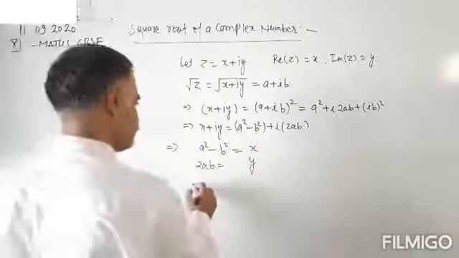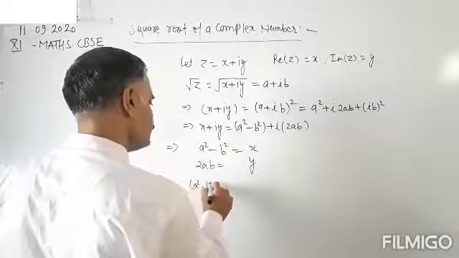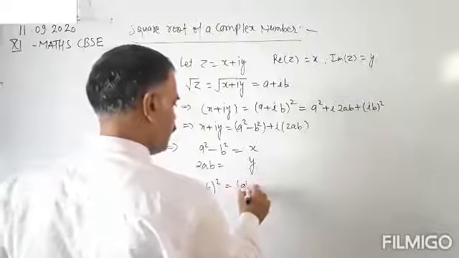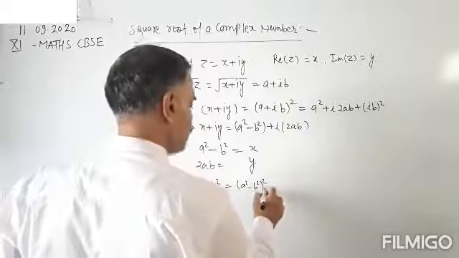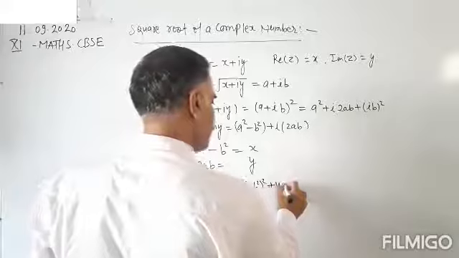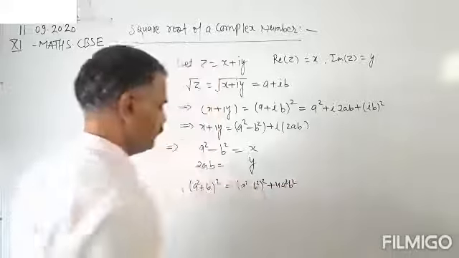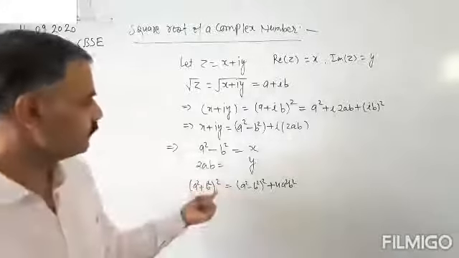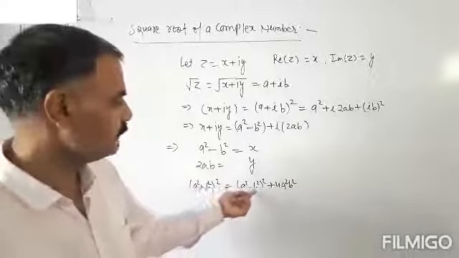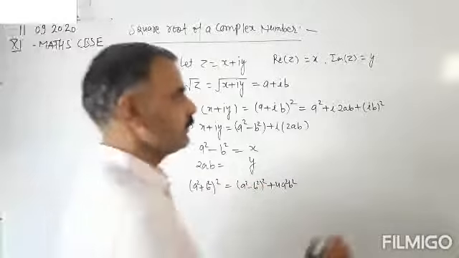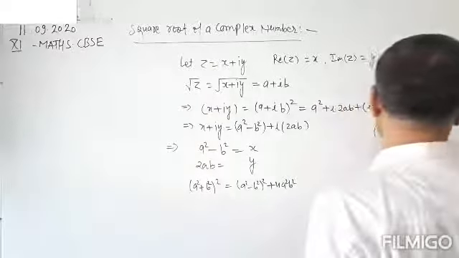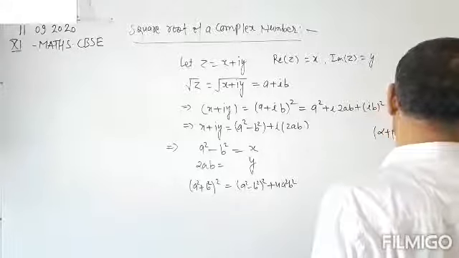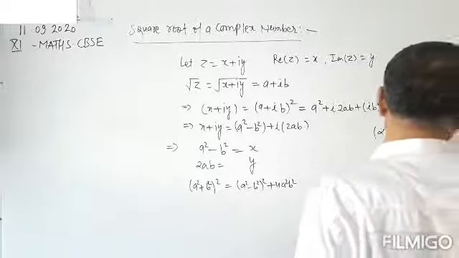We know that a square plus b square whole square equals a square minus b square whole square plus 4a square b square. In quadratic equations we have learned that alpha plus beta whole square equals alpha minus beta whole square plus 4 alpha beta.